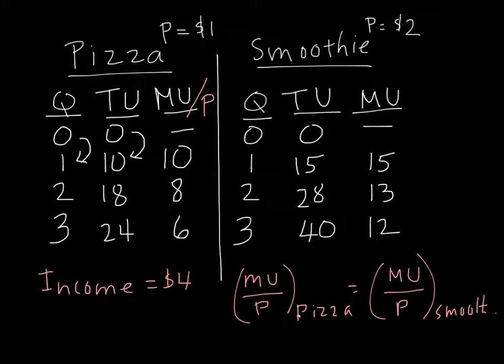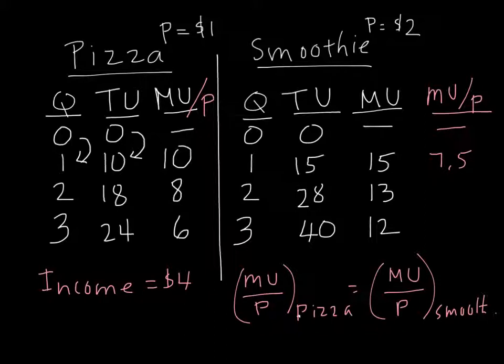When we move over here to smoothies, we're going to have to add a column, marginal utility per dollar, or MU divided by P, undefined for 0. It's going to be the 15 utils per dollar at a consumption level of 1 divided by the price of $2, which gives us 7.5 utils per dollar for the first unit.